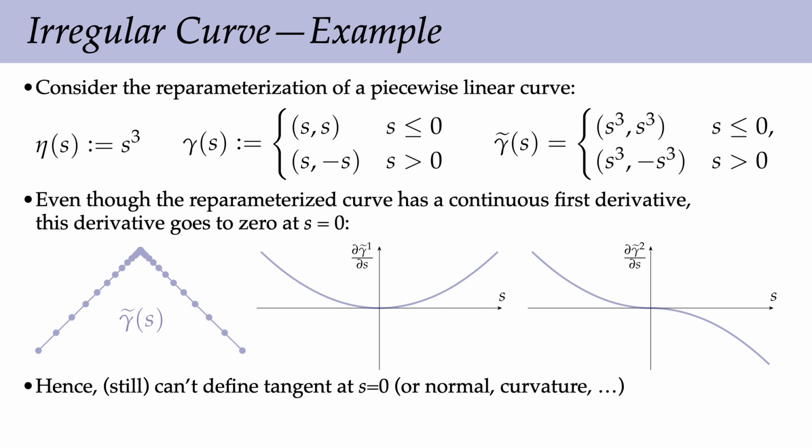But the really important takeaway from this example is that differentiability doesn't mean nice. Just because your curve is differentiable doesn't mean it's a nice curve. You really want to ask for other stronger properties like, well, I would also like it to be regular. I'd also like that derivative to be non-zero everywhere.